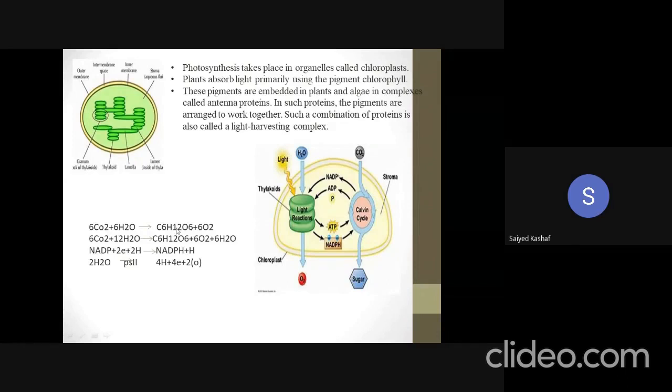But by further experiments done by Van Niel and Robin Hill, they proved that the molecular oxygen has evolved by the photolysis of water, not from the source of CO2, right?